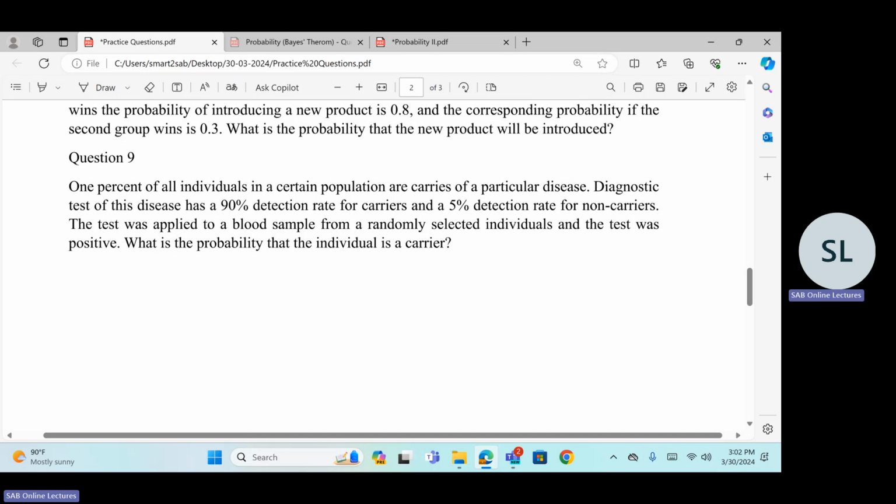They might come in here. Means 0.9 equals 0.05.